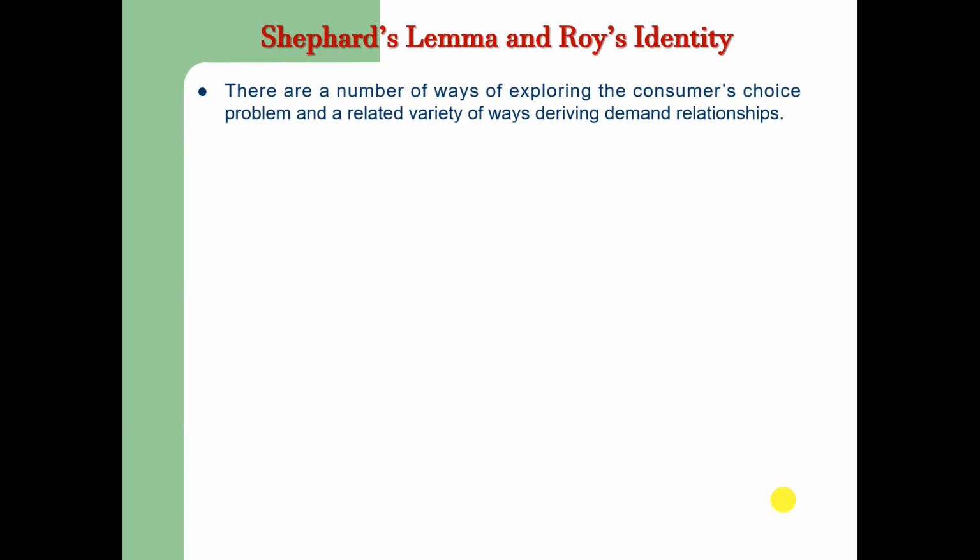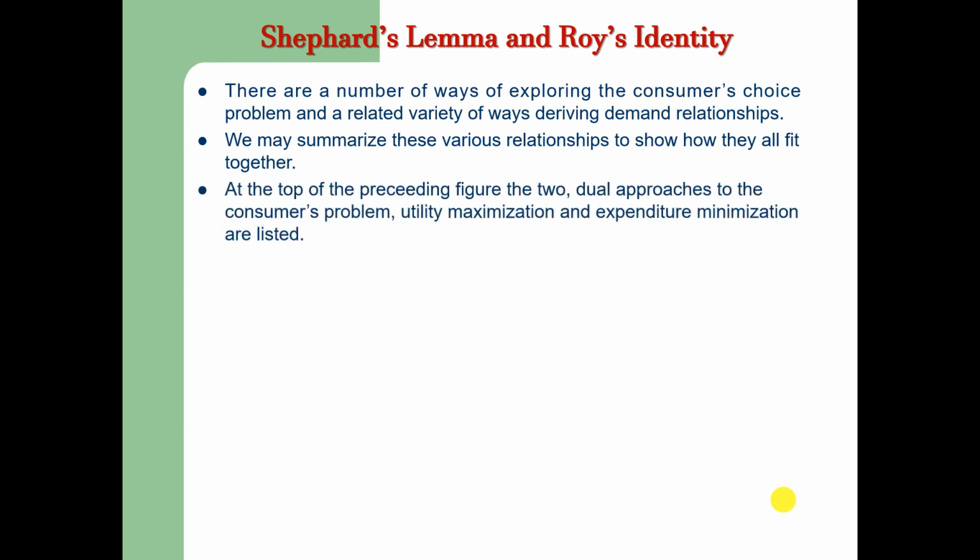There are a number of ways to explore the consumer's choice problem and a related variety of ways of deriving demand relationships. We may summarize these various relationships to show how they all fit together. At the top of the preceding figure that we discussed in the previous slide, two dual approaches to the consumer's problem, that is utility maximization and expenditure minimization, are listed.